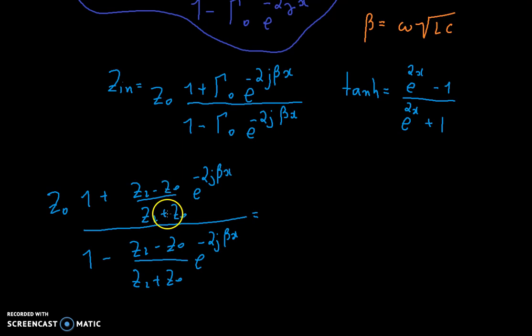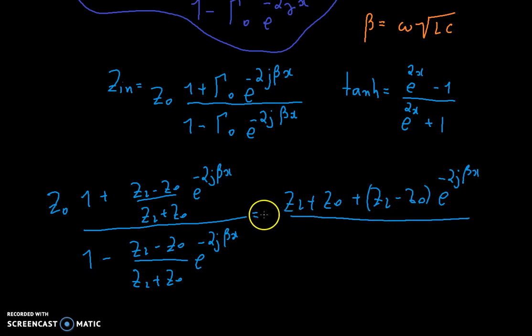Now we multiply both sides of this equation, top and bottom, by ZL plus Z naught. So this is equal to ZL plus Z naught plus ZL minus Z naught all times e to the minus 2j beta x, divided by, and let's not forget the Z naught in front here, ZL plus Z naught minus ZL minus Z naught times e to the minus 2j beta x.